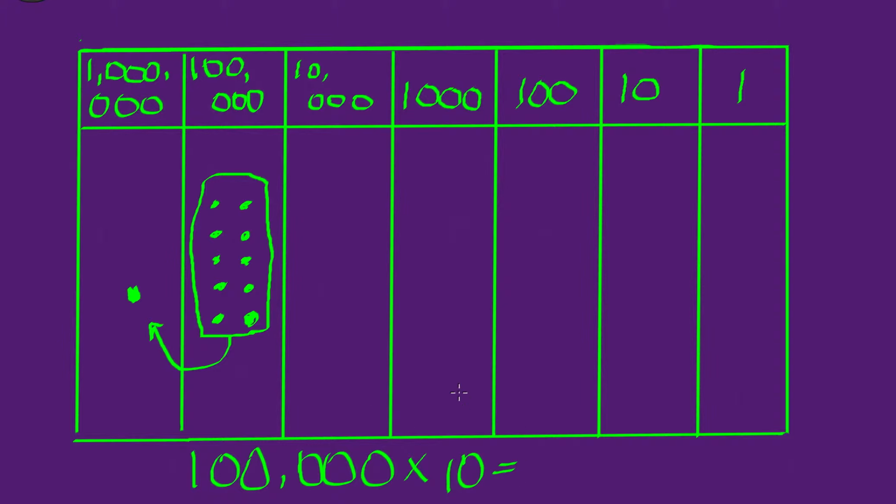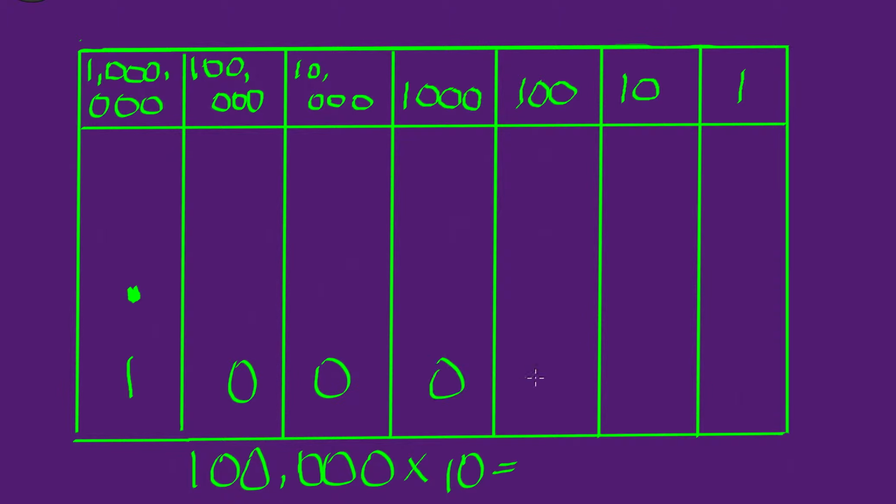So if you want to write a big number and you forget how many zeros you're supposed to use, place it in the place value chart. Well, here's 1. These are zeros. So every third place from the back of the number needs to have a comma. So 1, 2, 3, comma, 1, 2, 3, comma. So this is how you write a million: 1, comma, 0, 0, 0, comma, 0, 0, 0.